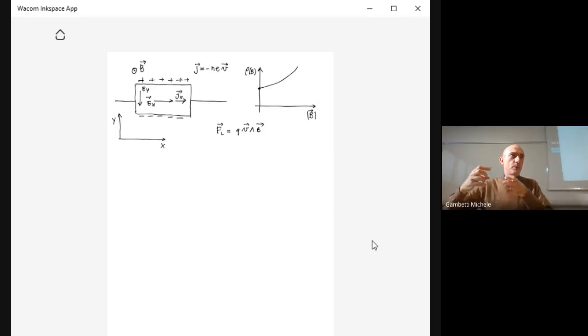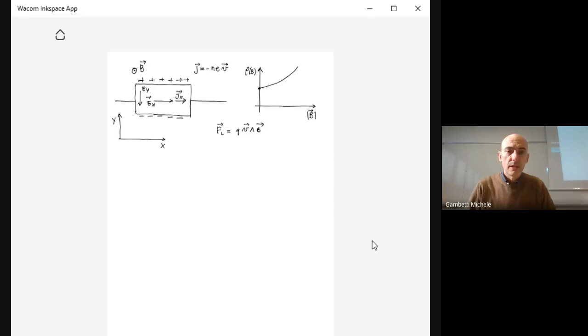But this produces a charge density on both sides of the slab that is continuously increasing. So to stop this phenomenon and bring the slab back to equilibrium, this Ey electric field sets in, and the field tries to oppose the Lorentz force. So we have a charge density that is negative on the right and positive on the left, but this charge density at some point reaches an equilibrium. And the equilibrium is between the Lorentz force and the effect of Ey.